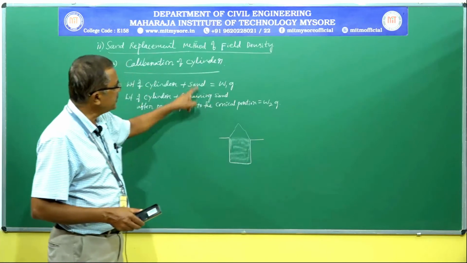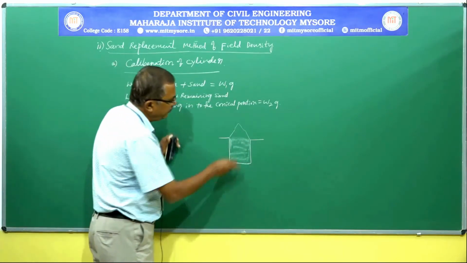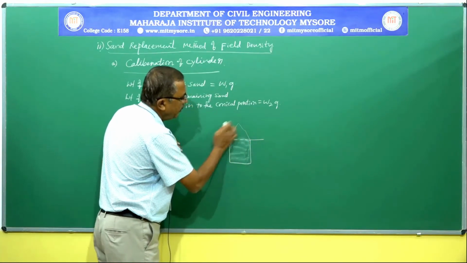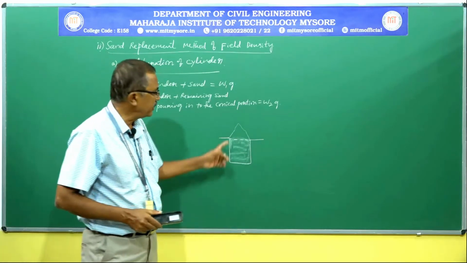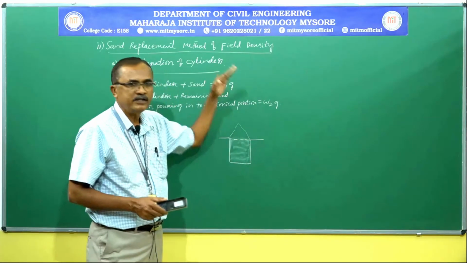Here, by using first and second observation, we can find out the weight of sand required to fill the conical portion. Conical portion is nothing but the cylindrical portion made above the horizontal surface.